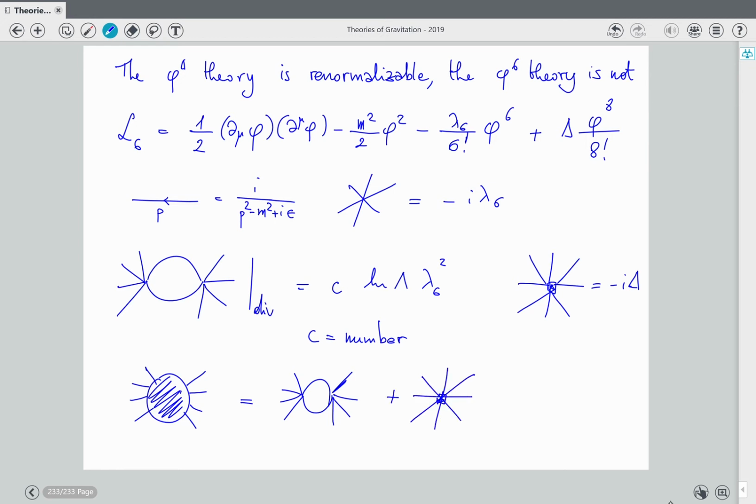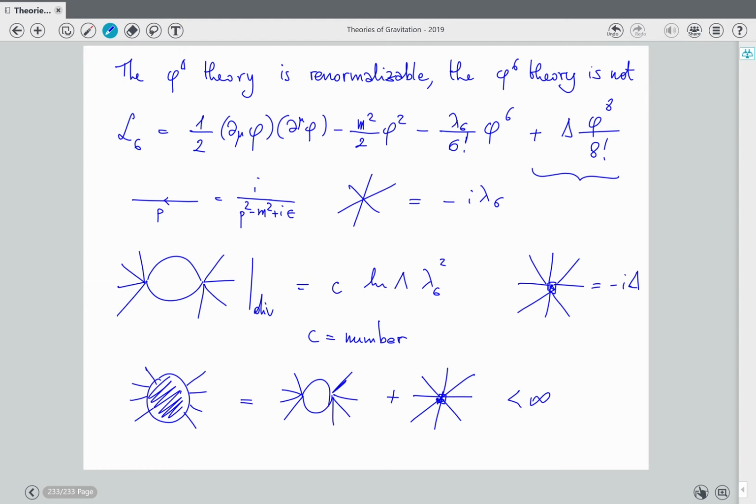But the point is that to reach that, you have to change your Lagrangian by creating a new interaction. It's not sufficient to redefine the constants of the fields.